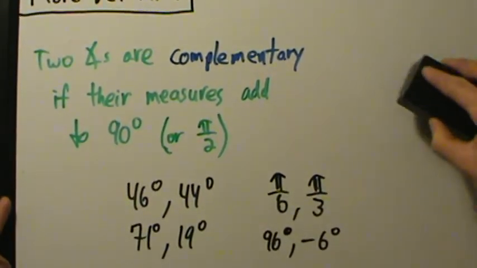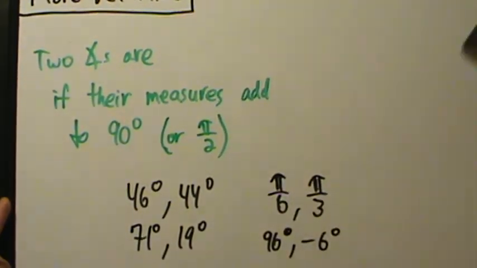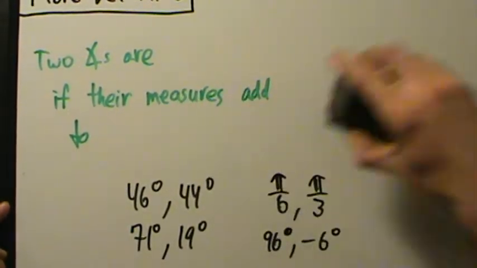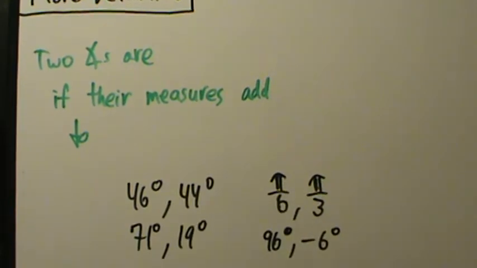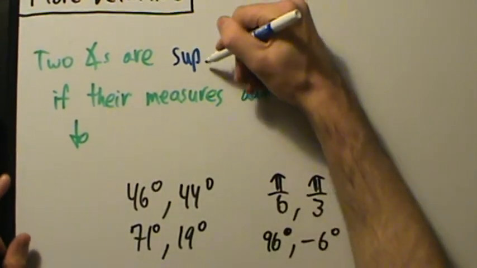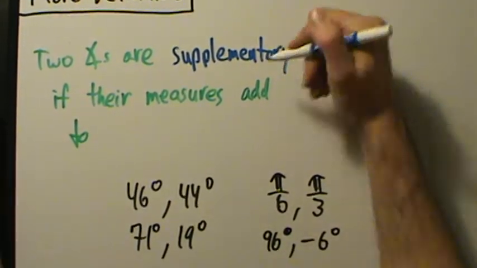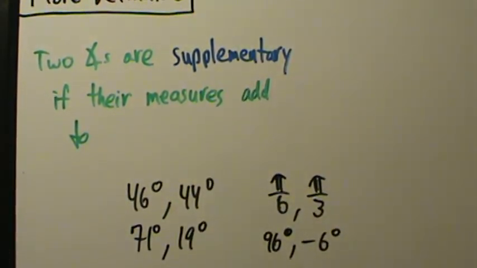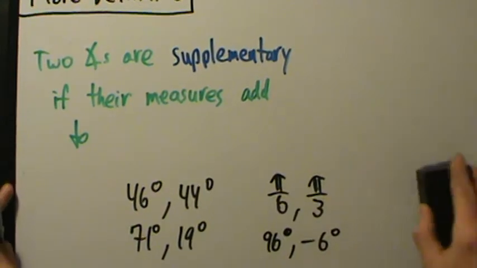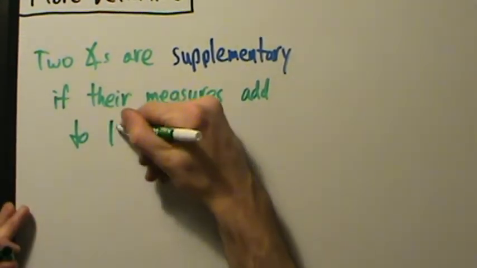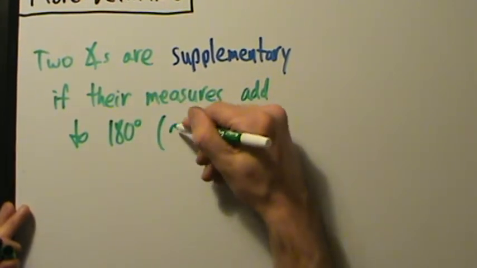There's another related concept called supplementary. Two angles are supplementary if their measures add to 180 degrees, or pi radians.